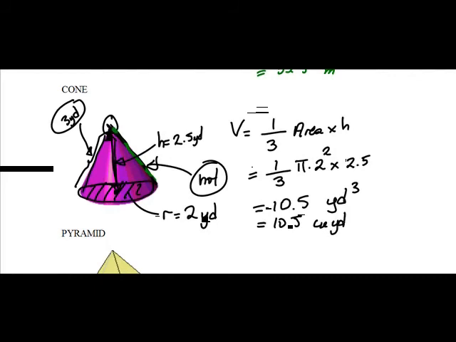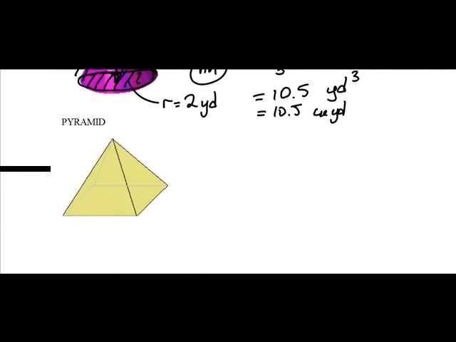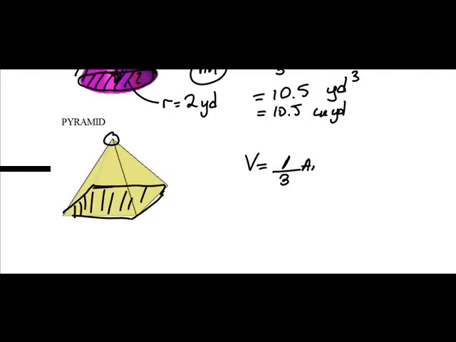Now let's go to the next example. Let's say I have a pyramid. Again, I have a tip. The volume is going to be area of the base, which is that little square or rectangle in there. In this case, let's assume it's a square. It's going to be 1/3 area of the base times the height.